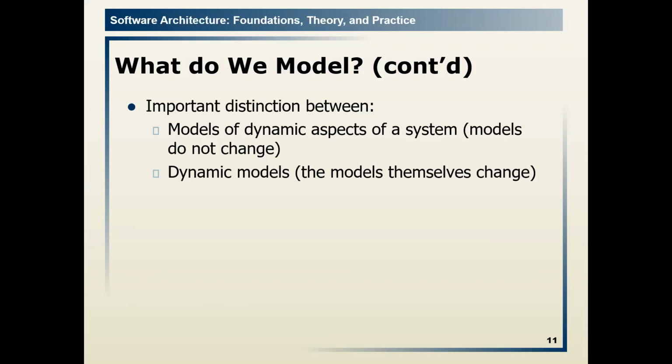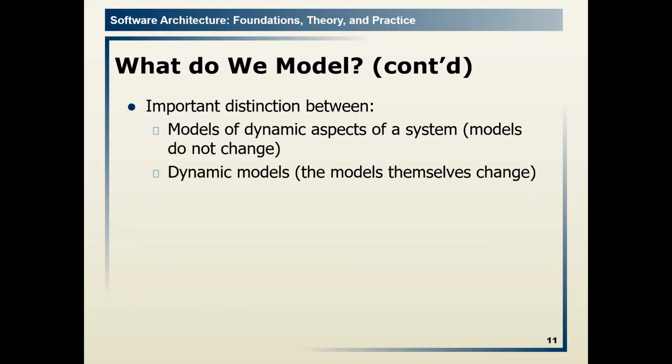So then you have to decide whether you want to show all the changes or not. You have to make the important distinction between models of dynamic aspects of a system. Okay, we are talking about models. There are models that do not change, but model the dynamic aspects, like state charts.